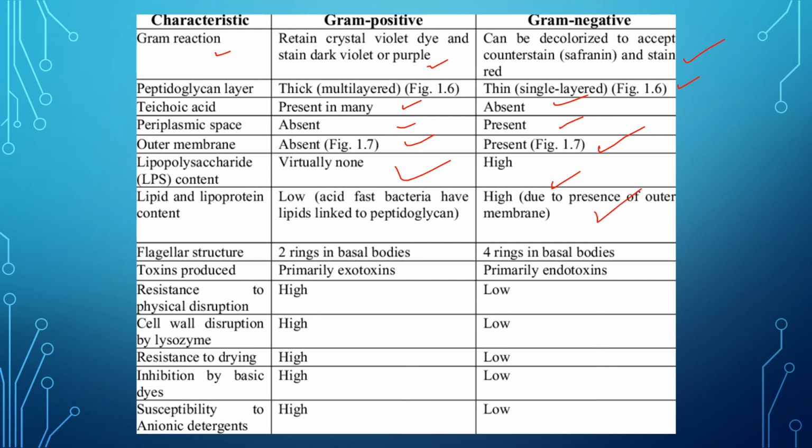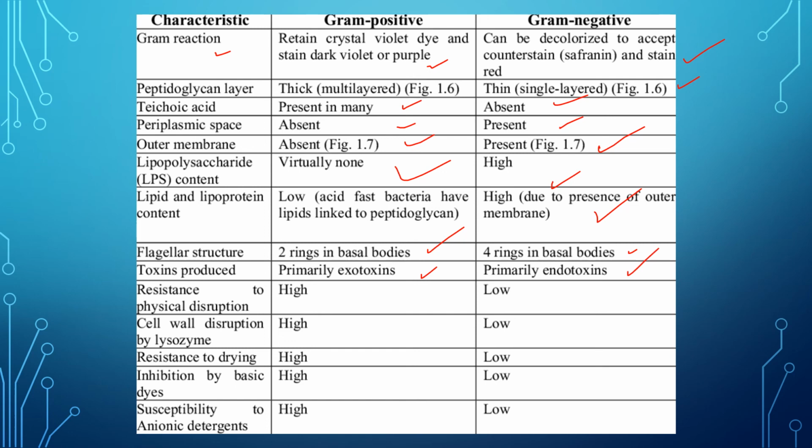The flagellar structure, as I said, the bacterial cells, the prokaryotic cell, show presence of flagella, which is a locomotory organ. There are 2 rings in the basal body in gram-positive, while in gram-negative there are 4 rings in the basal body. The toxins produced in the gram-positive are exotoxins, and the toxins produced in the gram-negative bacteria are the endotoxins.